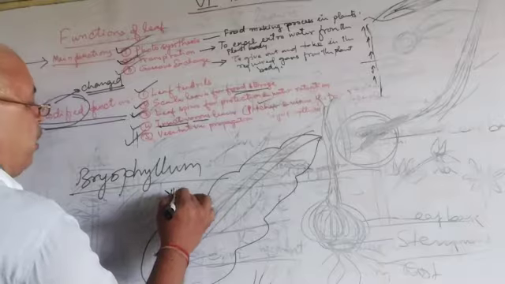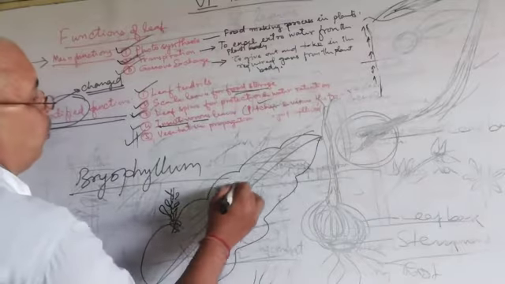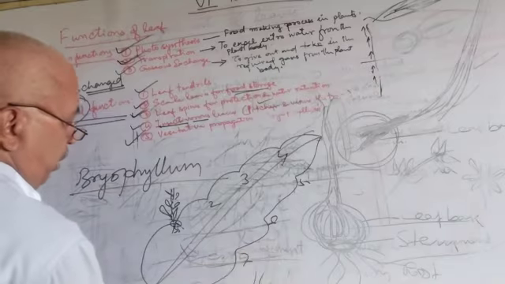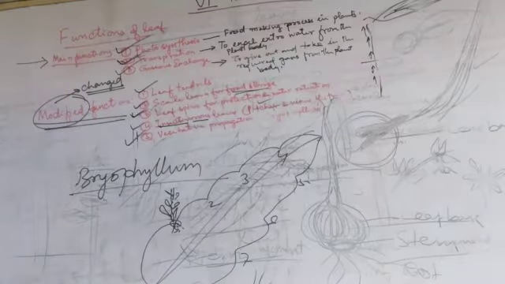So from a single leaf, 2, 3, 4, 5, 6, 7, 8 plants can grow, right? And this way some of the leaves help in the reproduction of the plants.